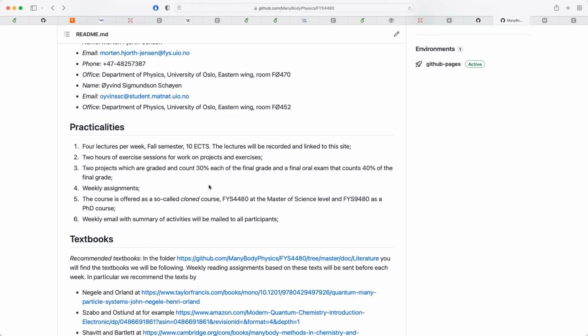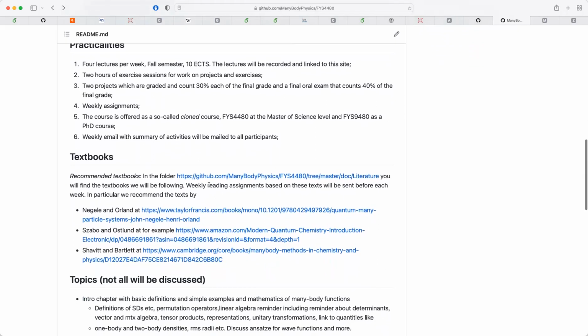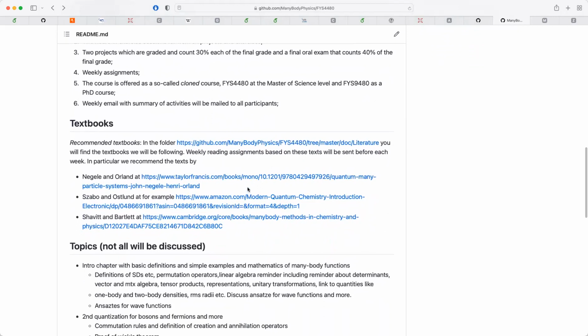We are going to cover several methods, but I also wanted to link you to the textbooks. You will typically receive a weekly mail with links and reading recommendations for different chapters in these books. One book which is pretty okay and also contains a nice mathematical review in the beginning, in chapter 1, is Sabo Östlund.